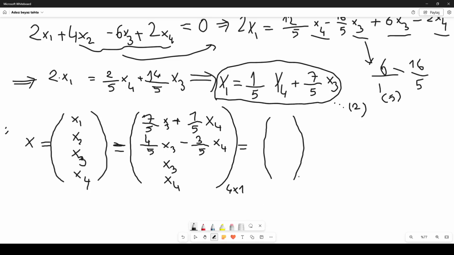So again, this should be a 4 by 1 times x3, if I write it this manner, and again something else here times x4, then I'm done. Okay, how can I do that? Well, this is the first column.